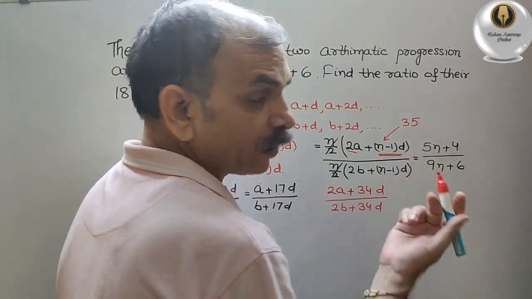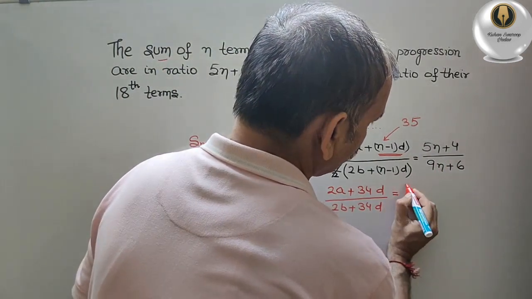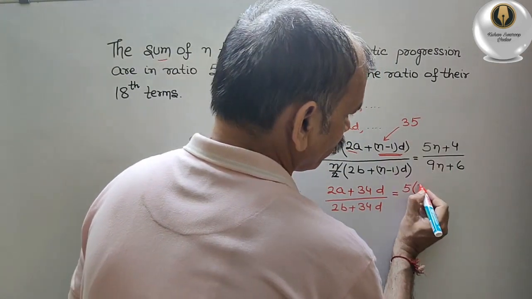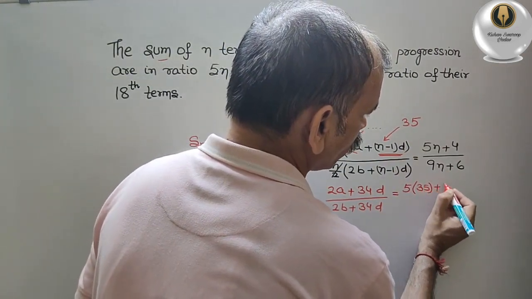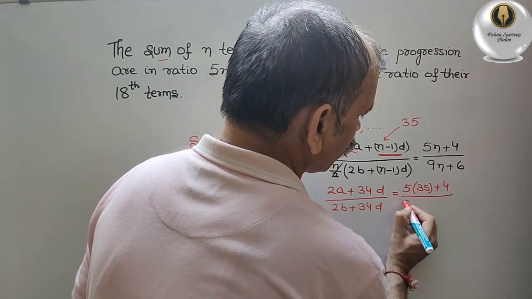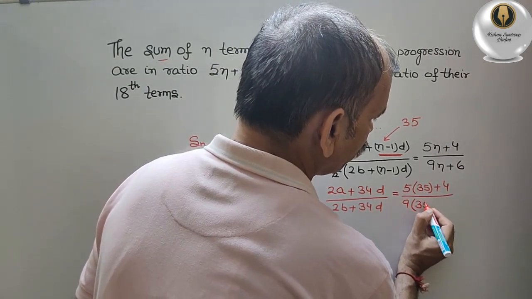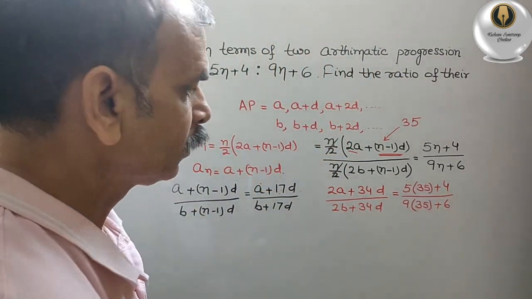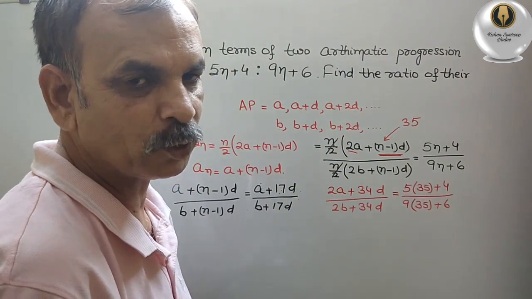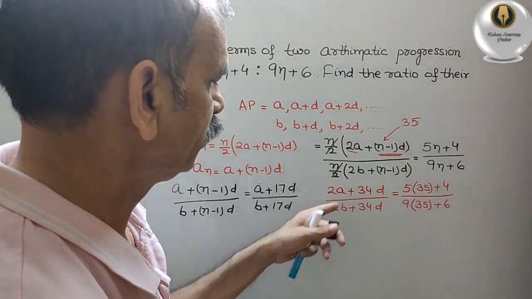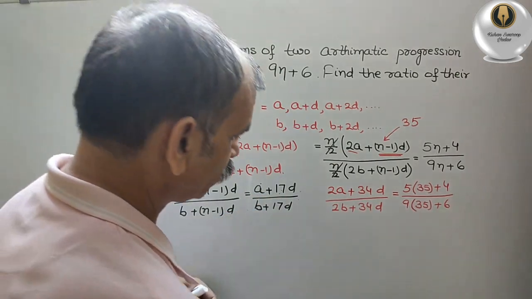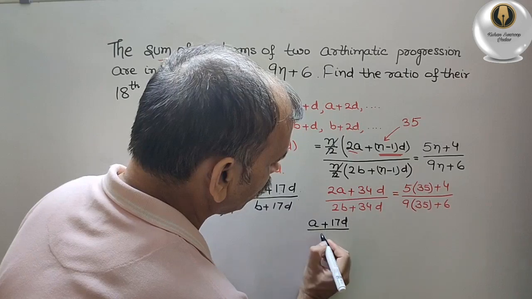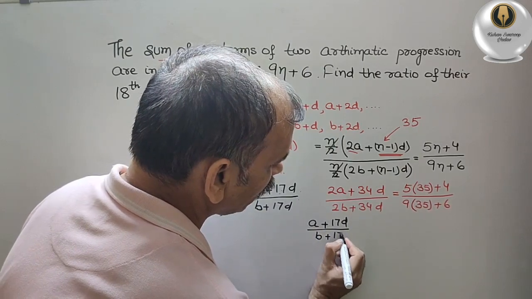This is equal to this value. That means 5 into n, which is 35, plus 4, by 9 into 35 plus 6. Just solve that. Dividing by 2, you will get a plus 17d by b plus 17d.